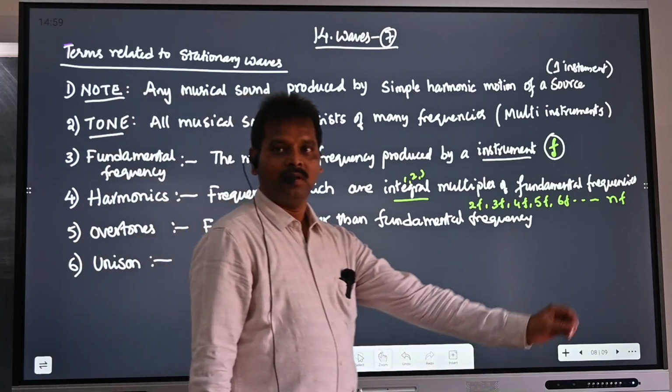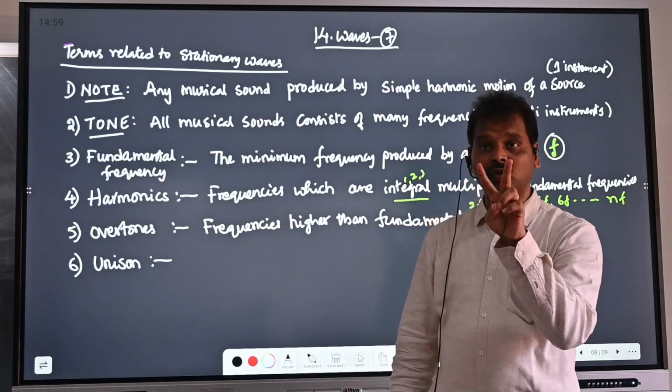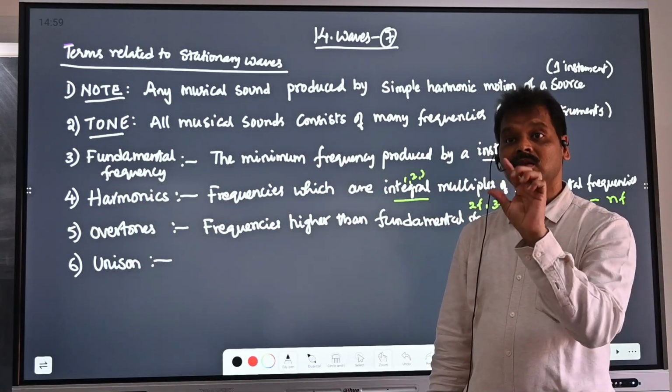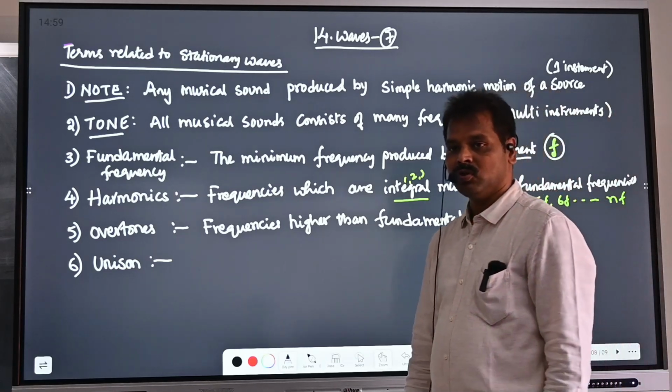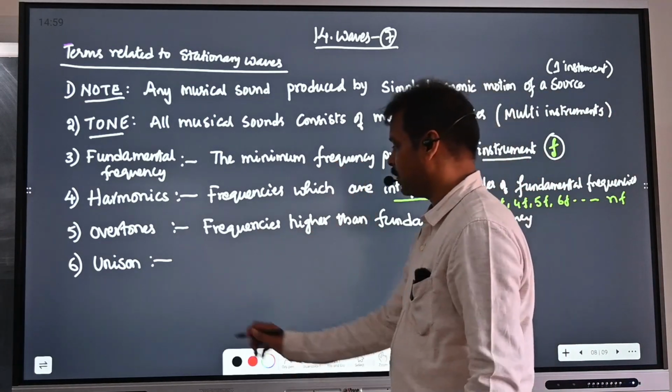Unison. Listen students, two instruments are said to be in unison if their frequencies are equal. So when are two instruments said to be in unison?